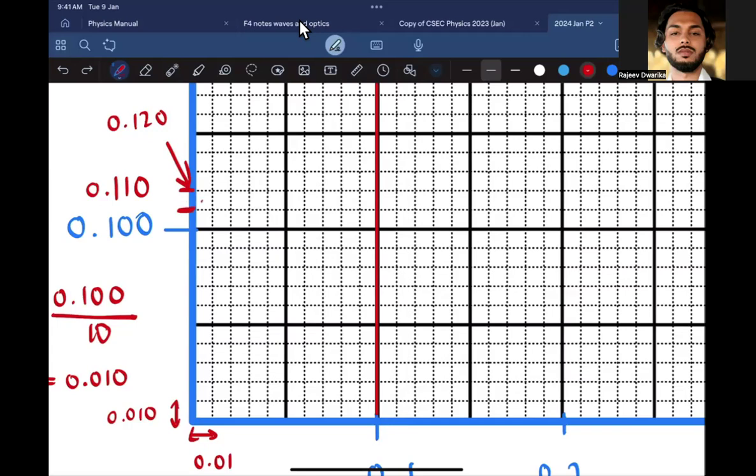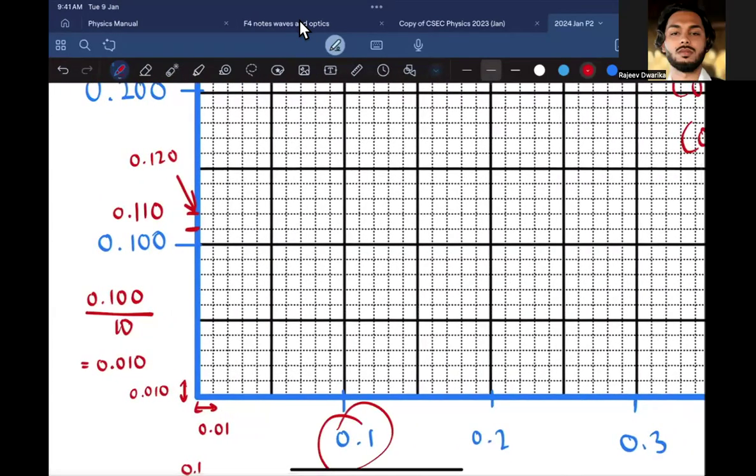So that will be somewhere right there. So again, it's 0.1 and then 0.113, so that point is right here. Ocean, you understand that?